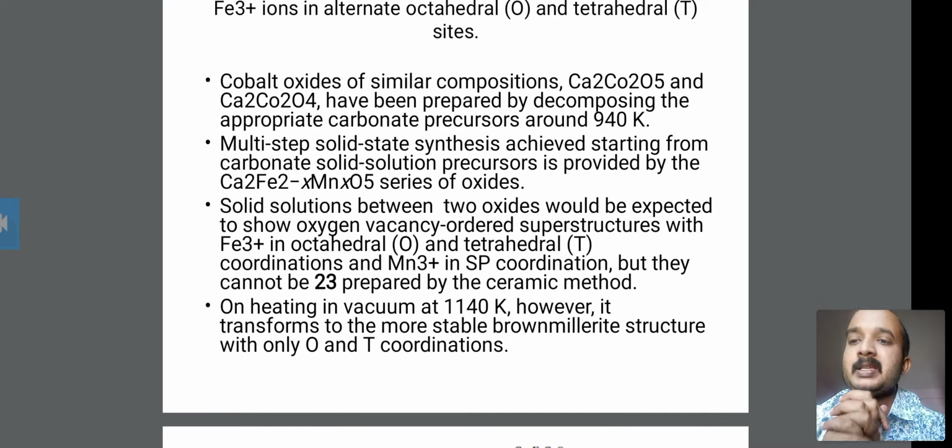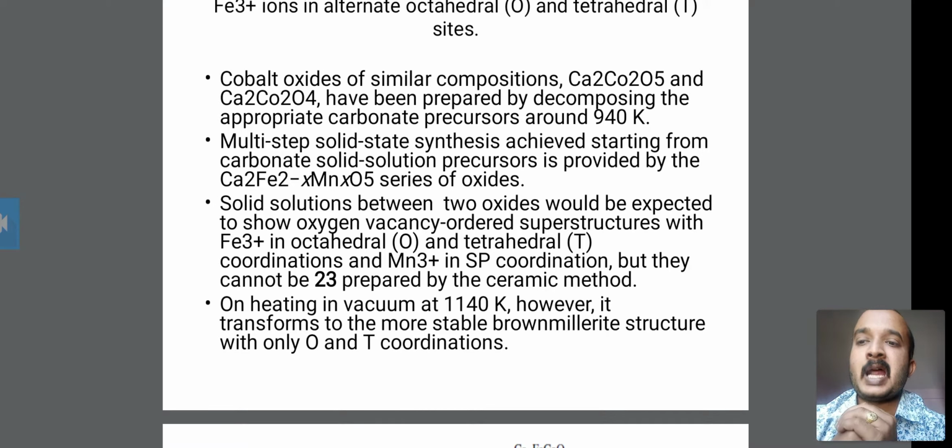The next is multi-step solid state synthesis. It is achieved starting from a carbonate solid solution as the precursor. It provides the Ca2Fe2-xMxO4 series of oxides, and the Ca2Fe2-xMnxO5 series of oxides.